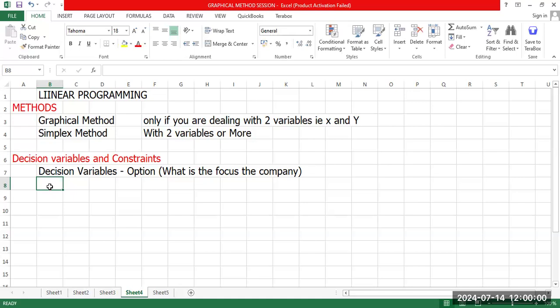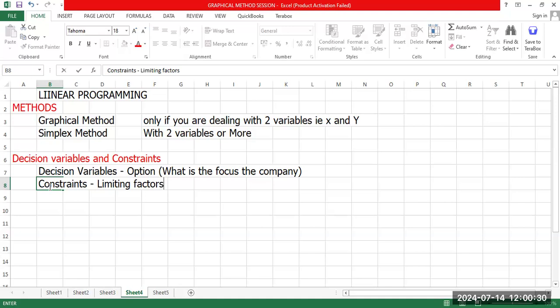Then with constraints, basically these are limiting factors. If you were to produce a certain product or different products, what are some of the factors that may hinder you from achieving your objective? Those are constraints.